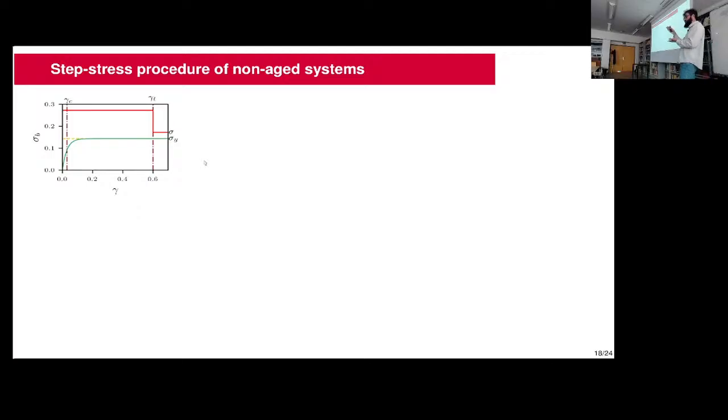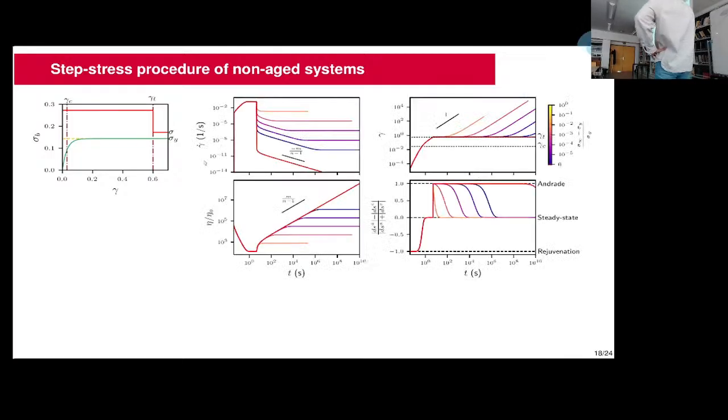And after some point, you drop the stress close to the yield stress, and you see what happened. So that's exactly the stress protocol we employ here. We have, so the red curve corresponds to the stress we apply. We get to a point where the barrier stress is almost equal to its dynamic value, and we see what happens. So here I'm showing you results of simulation.